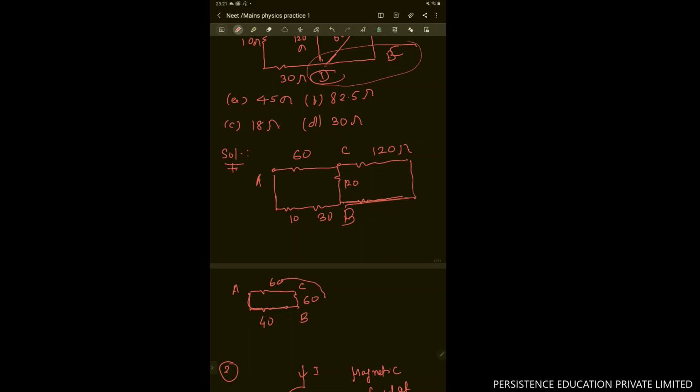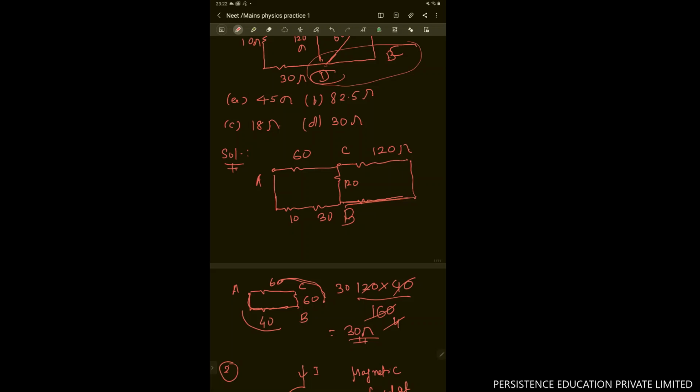So these two are now in series, and this 40 is in parallel. So equivalent will be 120 by 40 divided by 160. So the answer will be 30 ohm.